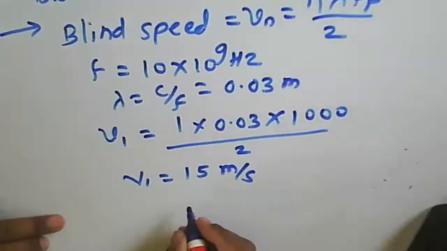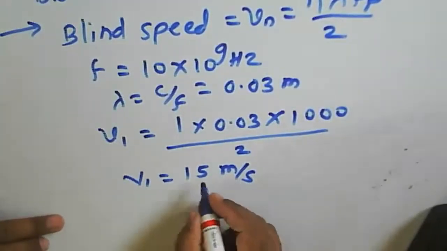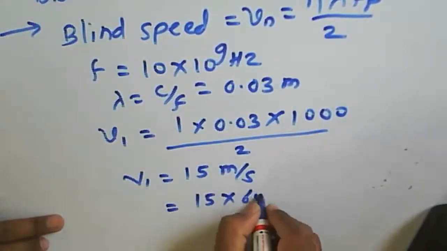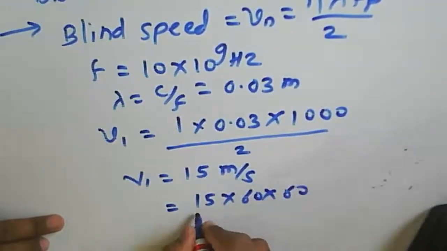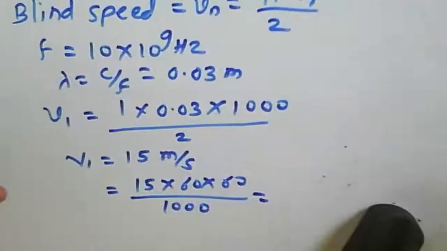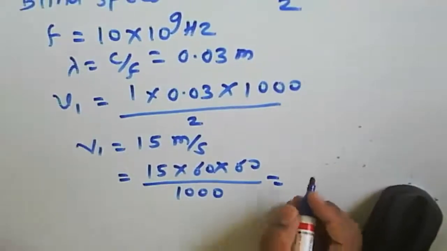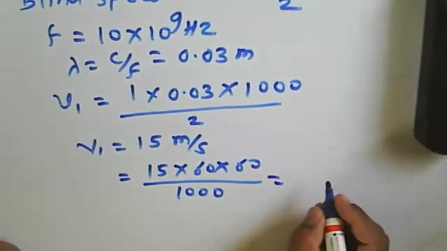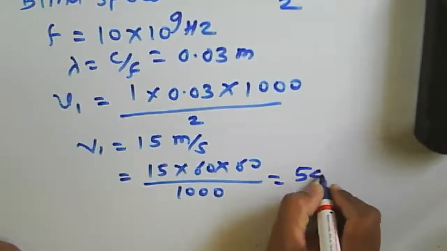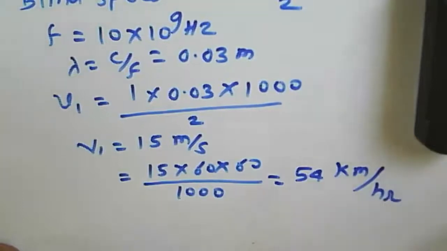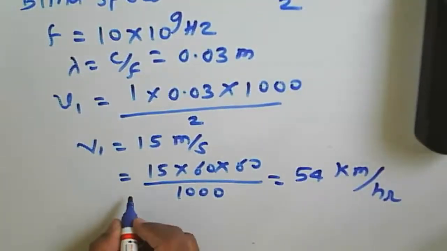If you convert into kilometers per hour, 15 into 60 into 60 divided by 1000, we will get 54 kilometers per hour.